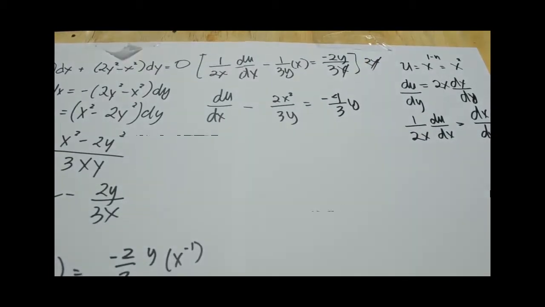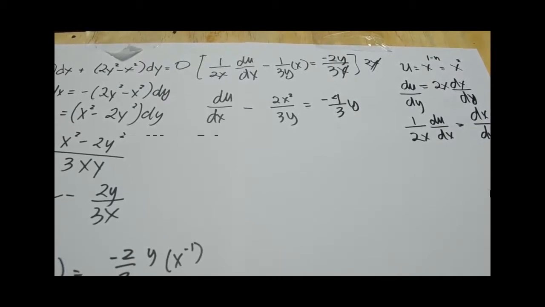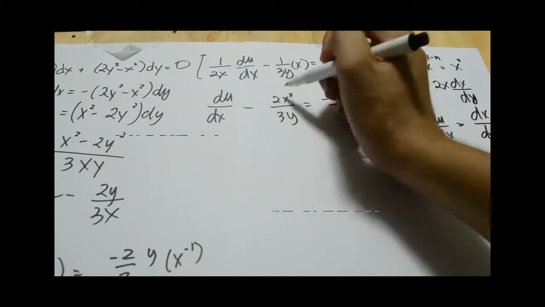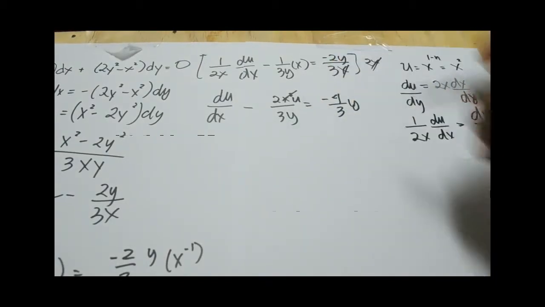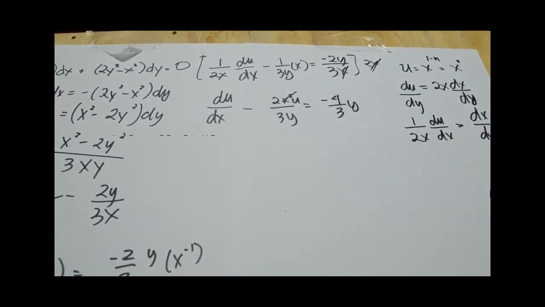So this is now a simplified form, and we can solve it using a linear equation. But first we must remove all variable x and make it u. So our x squared now will become u. So du over dx minus 2u over 3y equals negative 4/3 y. So this is now the simpler form.